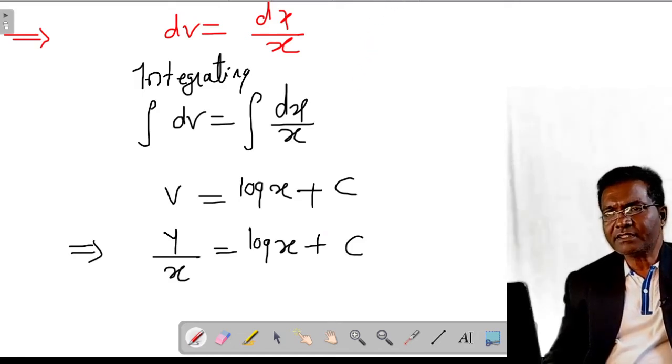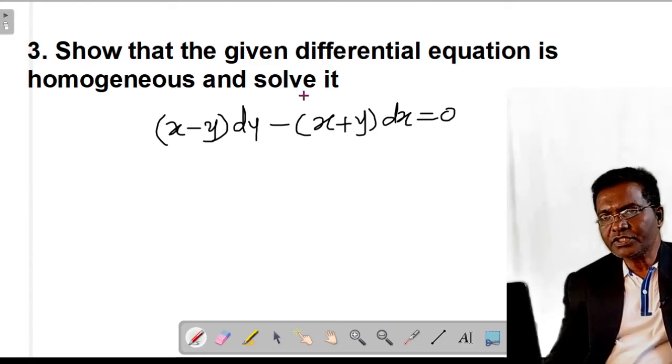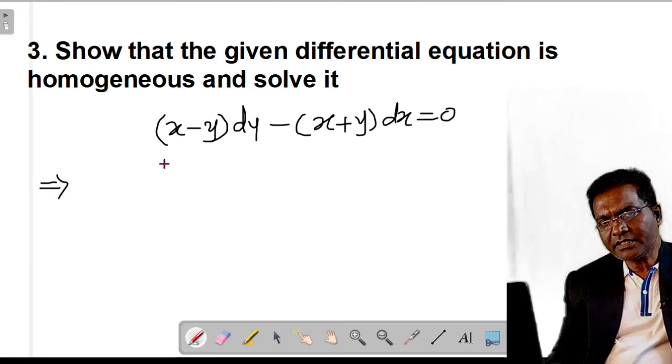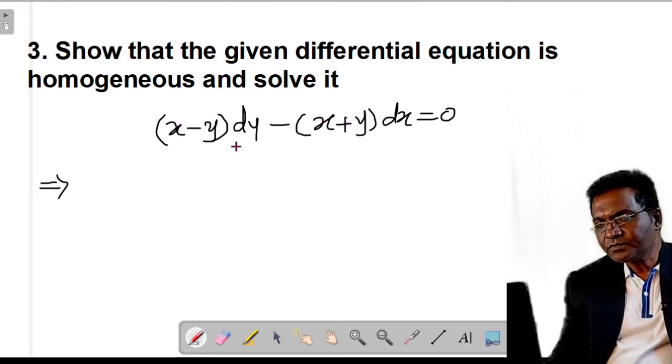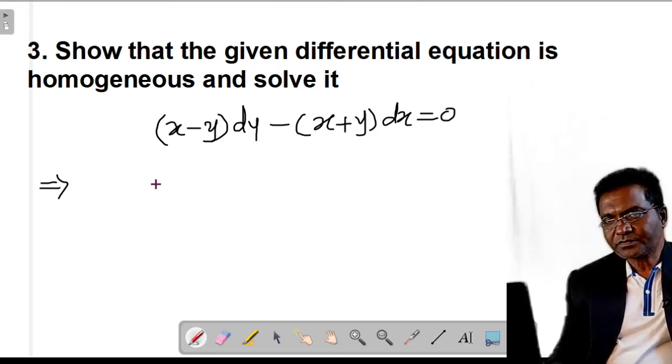So let's have another example. Show that the given differential equation is homogeneous and solve it. Again, looking at the degree of each term, 1, 1, 1, 1, so it is a homogeneous differential equation.